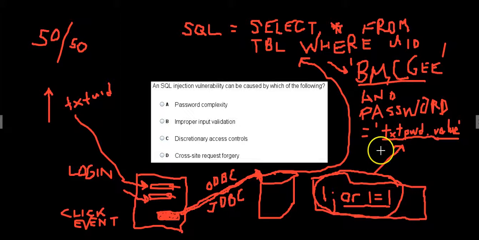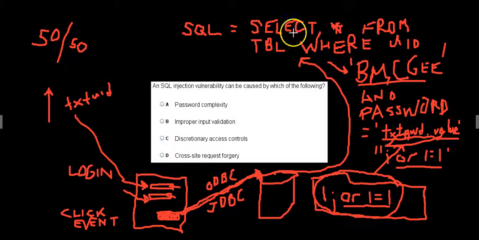So if I was to actually input this in here, the SQL statement would not show this text password anymore, right? It would actually just show a tick, tick. This is the second tick. And then it would show a semicolon, and then it would be or 1 equals 1 tick, like that. And so it would close out the structured query language statement by giving us an absolute value and says or 1 equals 1.